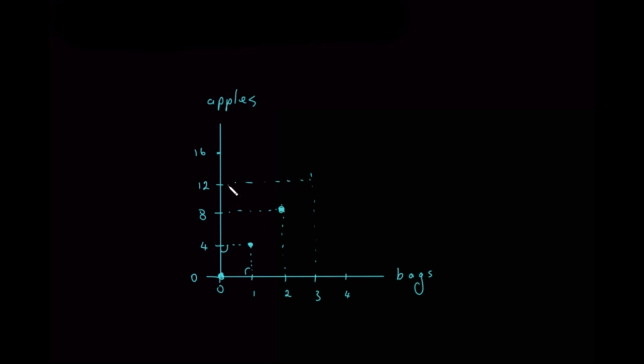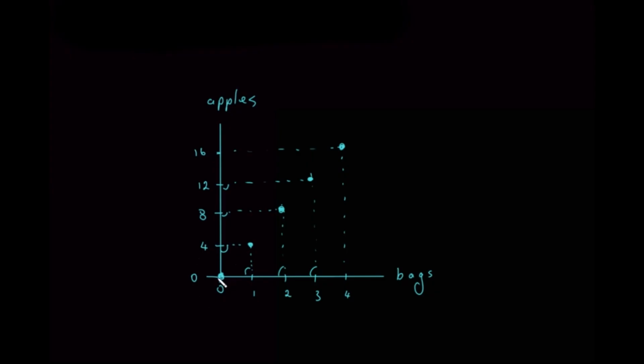Not very well drawn. You know, these are meant to be 90 degrees. 3 bags, 12 apples. There's, if you like, your roundabout. 4 bags, turning point, 16 apples.